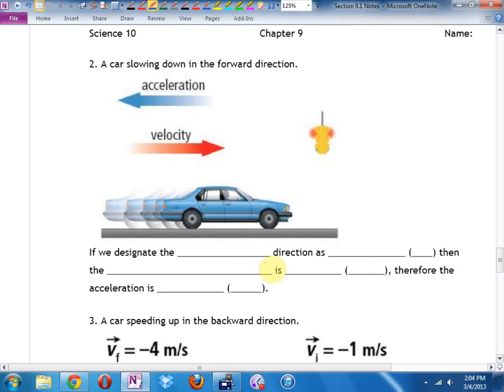What if we have a car that's traveling forwards but it's slowing down, still traveling forwards. Its acceleration is to the left when its velocity is to the right. What direction do you think the acceleration is, positive or negative? Let's see if we can convince ourselves. So if we designate forward as positive, the change in velocity is negative.